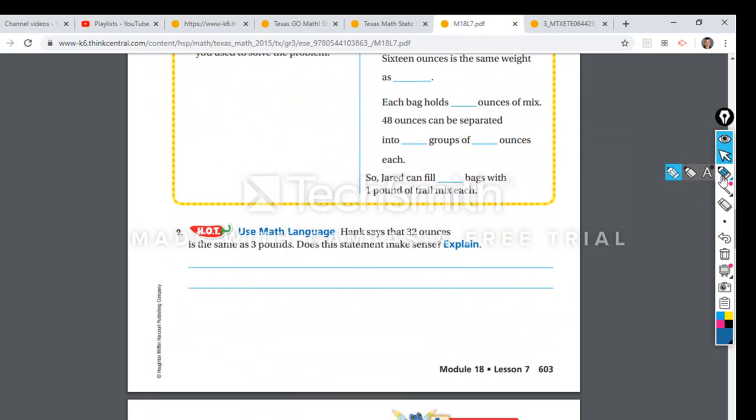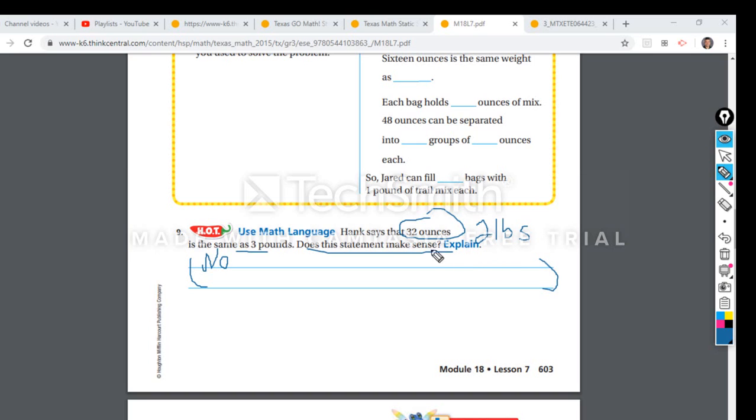So here the last one here, Hank says that 32 ounces is the same as 3 pounds. Does this statement make sense? Explain it to me. Does it make sense? The answer is no. Why doesn't it make sense? Because 32 ounces is not 3 pounds. 32 ounces is 2 pounds.